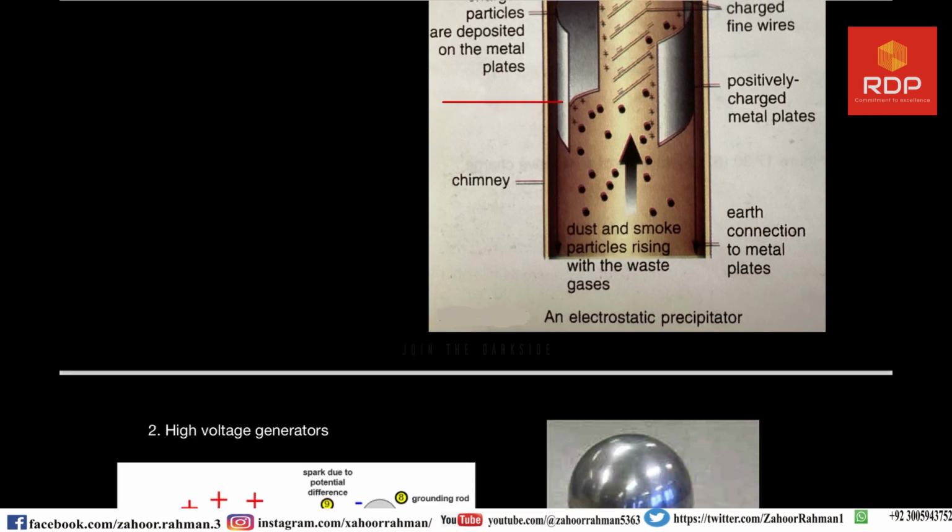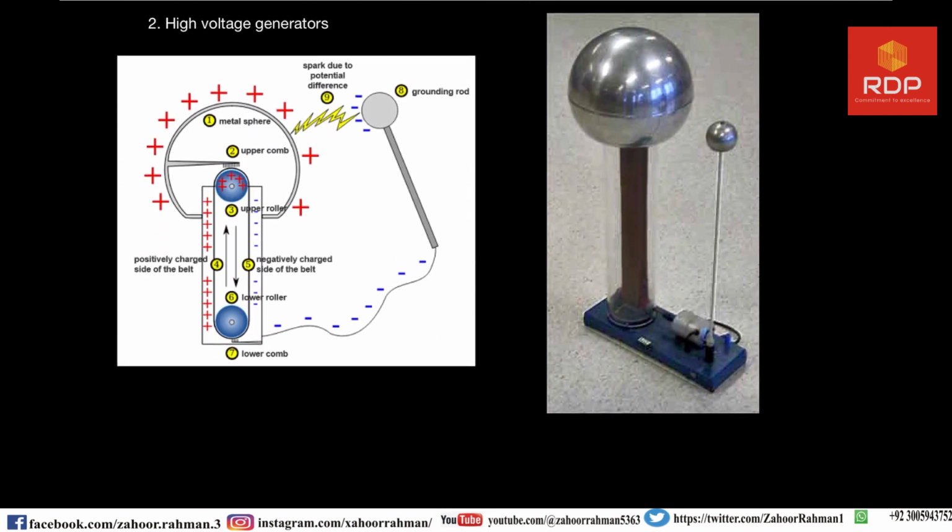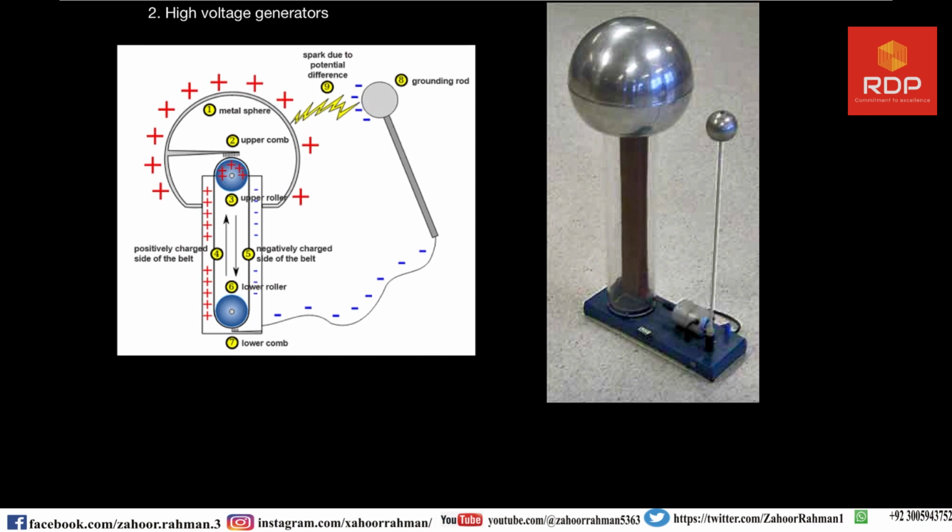Okay, the second very important application is the high voltage generator, which is technically known as the Van de Graaff generator. The Van de Graaff generator is a very useful static charge generator. It can produce a potential difference of up to 14 million volts, a huge amount.